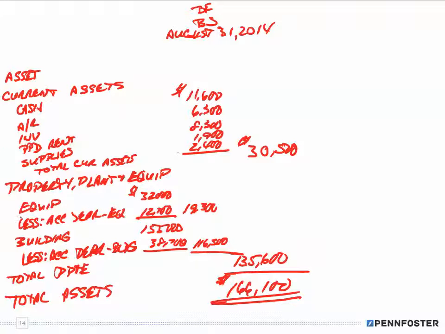And of course, I'm going to do the same thing here with my indentations and things like that. But the main thing I wanted to point out is that, yeah, I had these numbers here, but due to wanting to include the total property, plant, and equipment, I have to actually shift these numbers over because I want to be able to have my total current assets added to my property, plant, and equipment in order to get my total assets here. Whereas before, you saw I had my total assets plus my book value for equipment and my book value for the building.